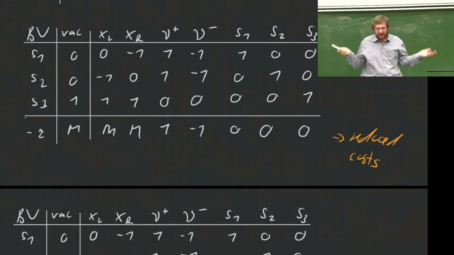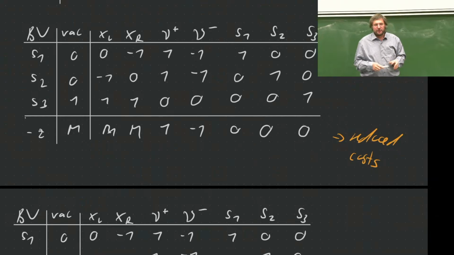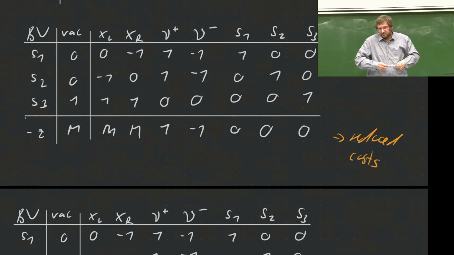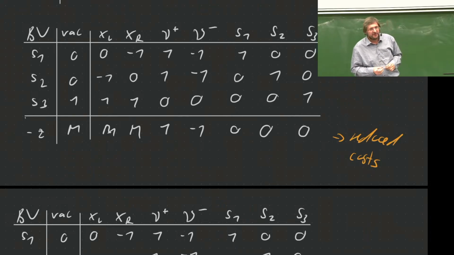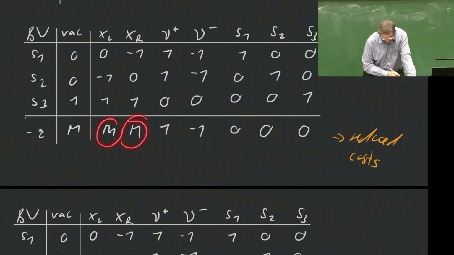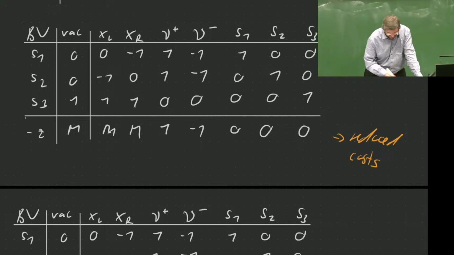There is no prediction of how long the algorithm will take if we do this or that. Usually one chooses an entry that has the largest possible reduced cost entry, but that choice is up to you. In this case, the largest reduced cost entry is one of those M's here, so we could choose XL or XR. I'd say let's just go with XL.